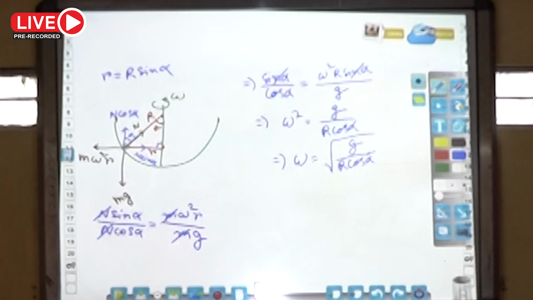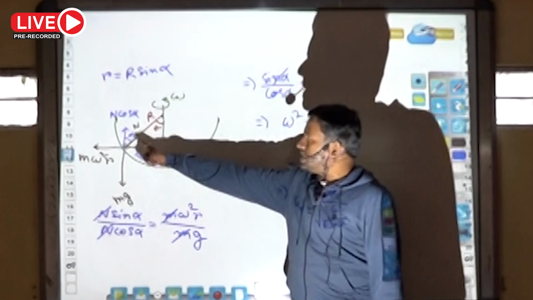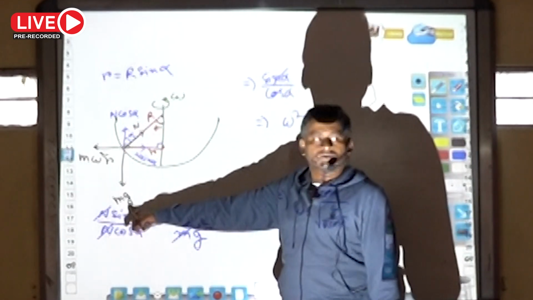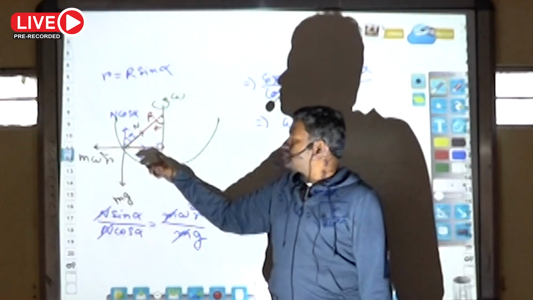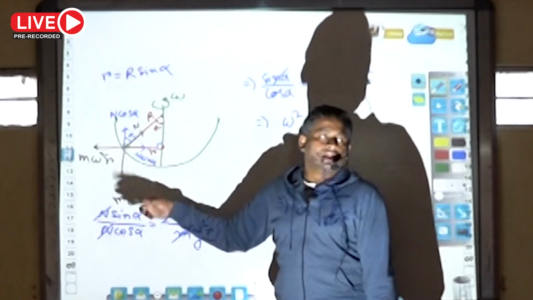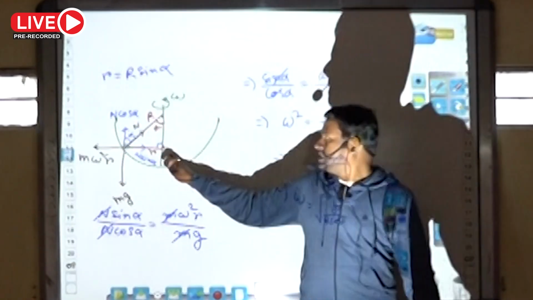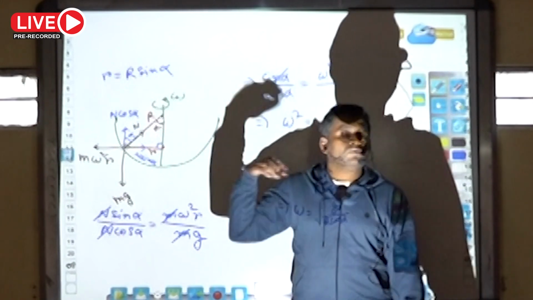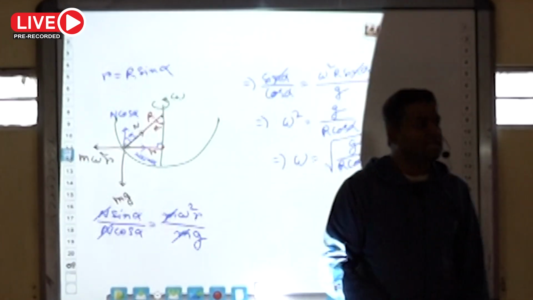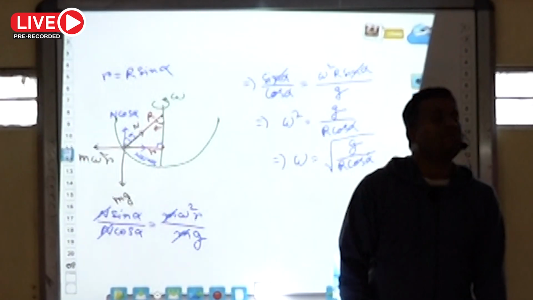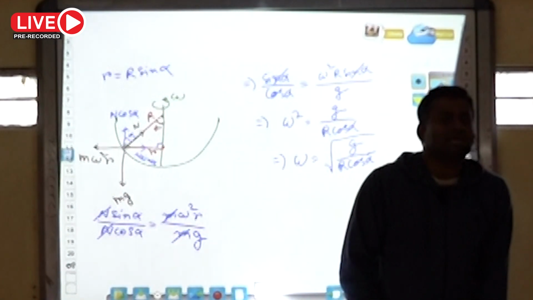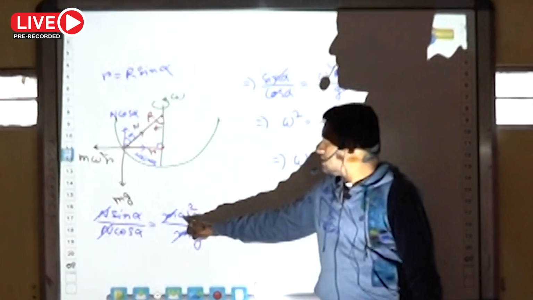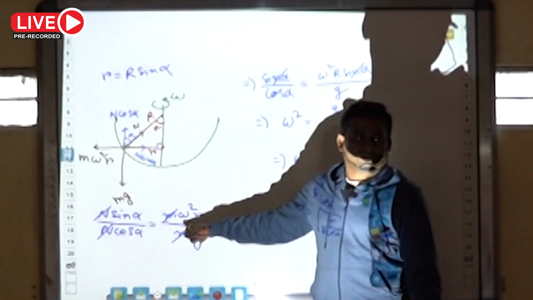So what we will do, we will again split N into two components and write N cos alpha should be equal to mg, but there is one component N sin alpha towards the center of the circular path, and we will write that this force is unbalanced producing acceleration, and we will equate that with mass into centripetal acceleration, and you will get the same equation again.